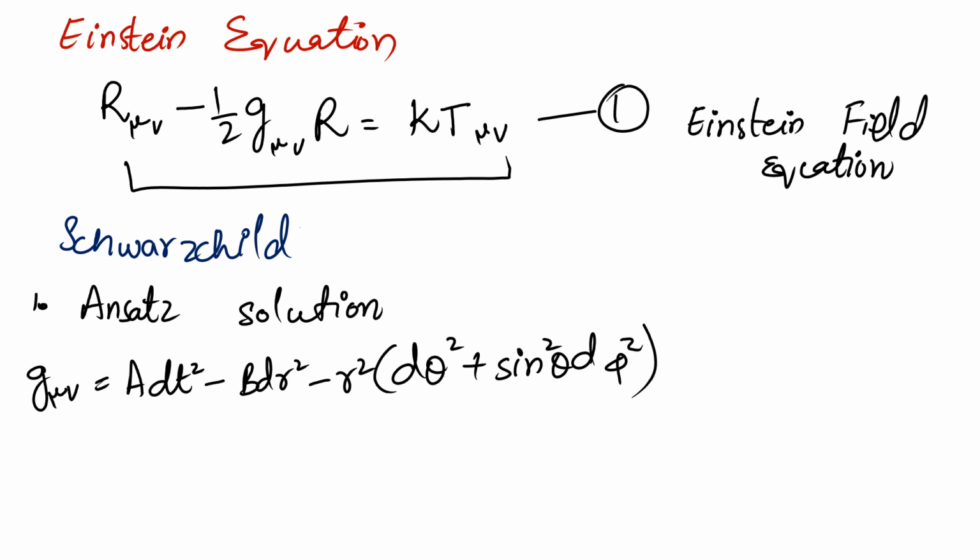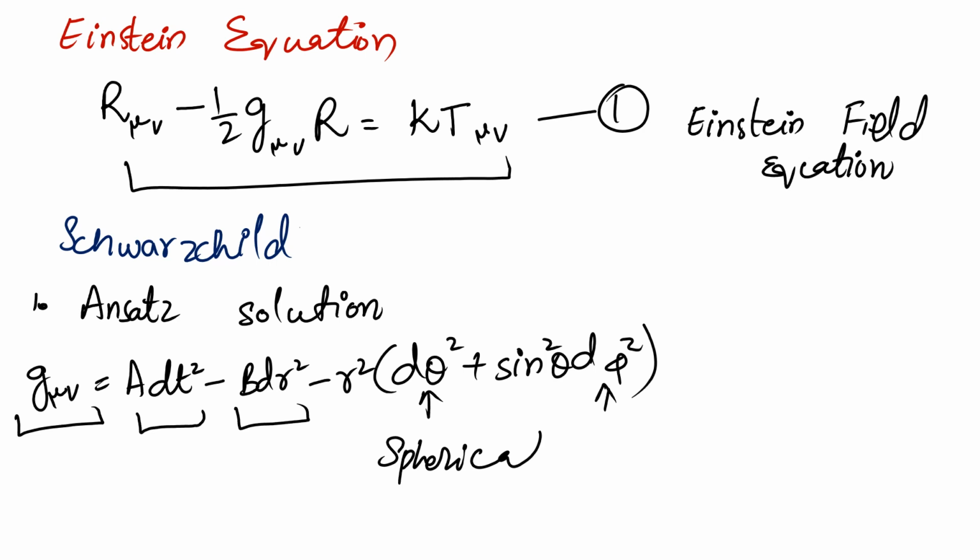This equation has four parts: dt, dr, d theta and d phi. It is a four-dimensional equation in spherical polar coordinates.